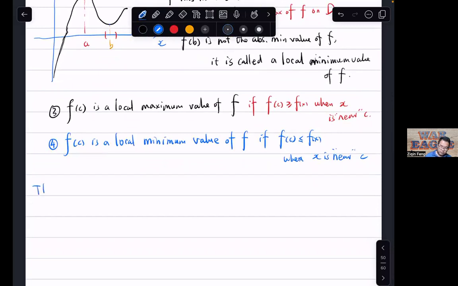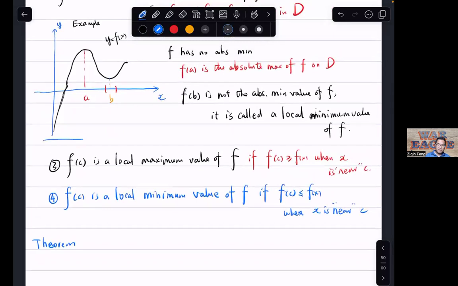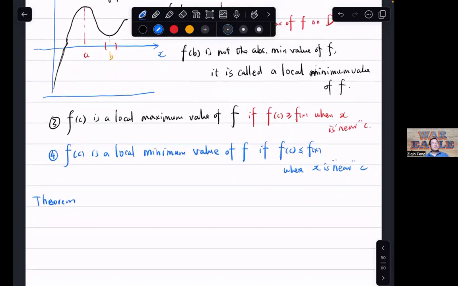Theorem. So the first question here is what kind of function has absolute extreme values, right? Some function, for sure, like the picture here, has an absolute maximum but does not have an absolute minimum, right? So we want to first get a sufficient condition such that the function has both, so we can find them.